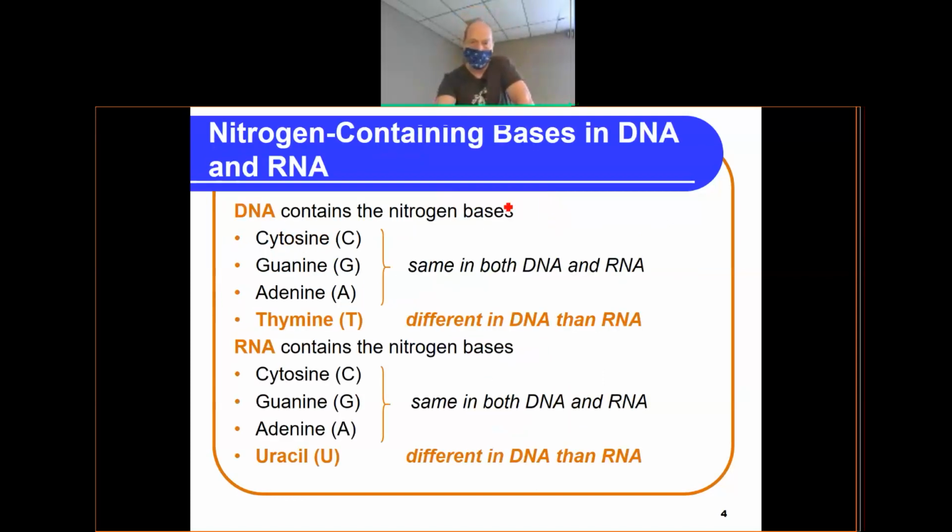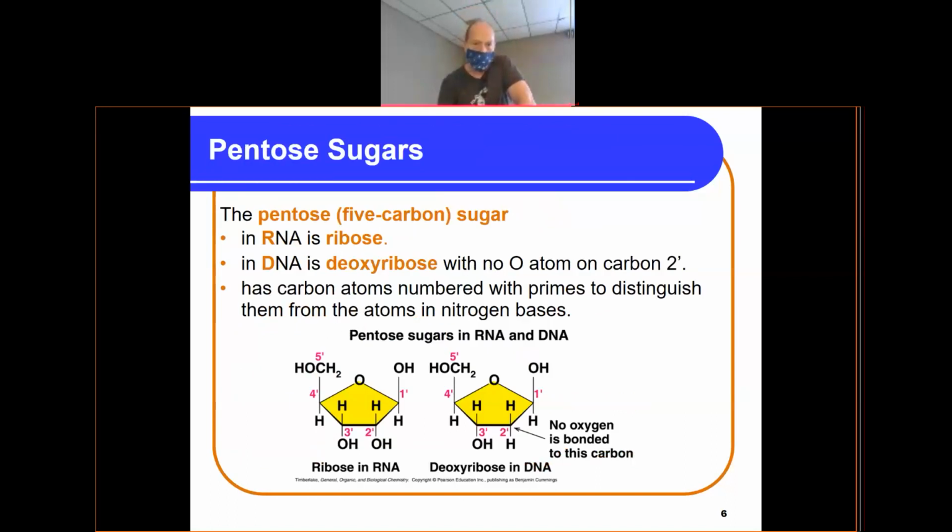If it's a 1-ring system, it's a pyrimidine. All right, so you're again looking right here to see if you have RNA or DNA. That is the only spot that you should be looking at. The 2' carbon, if it has an O, then it's RNA. If it doesn't have an O, it's DNA.